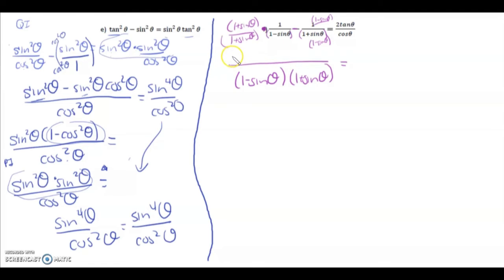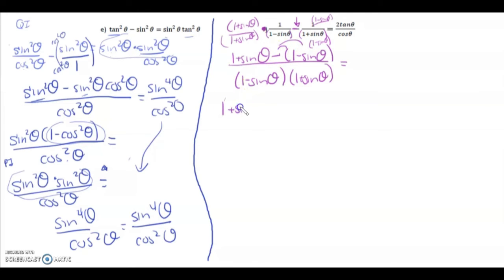So what we have here is 1 plus sine theta minus, and remember when there's a minus sign, you have to put this in brackets if it's two terms, (1 minus sine theta).